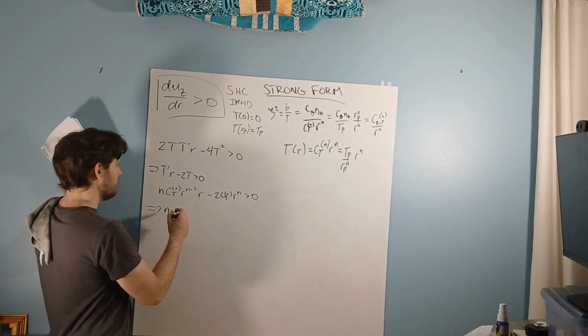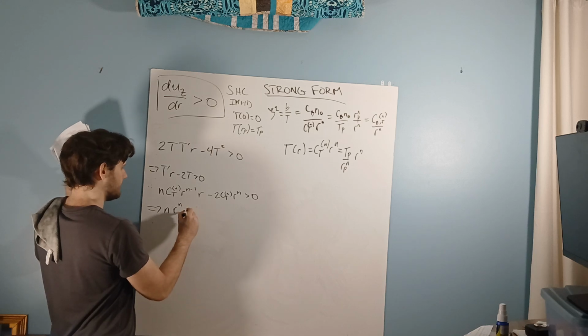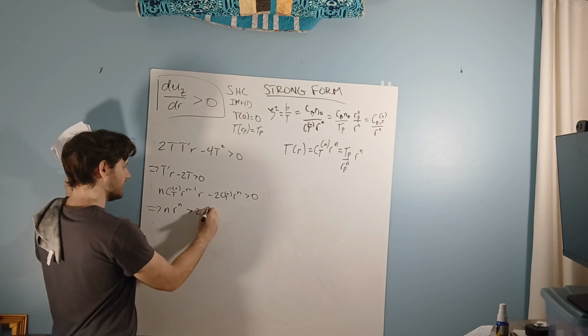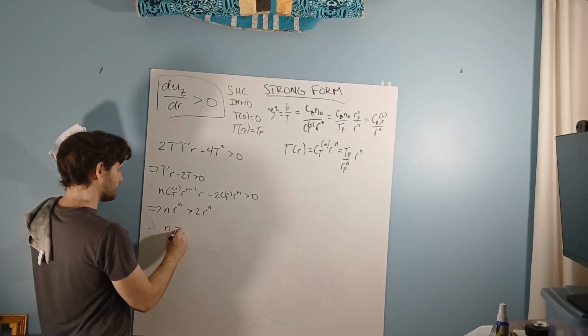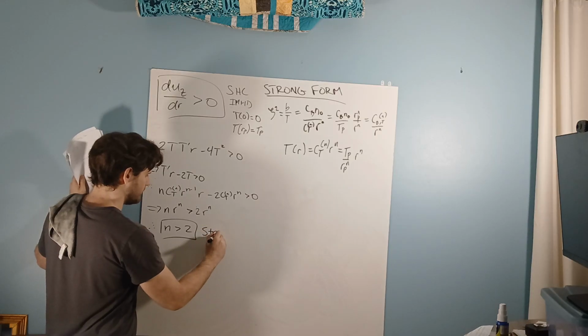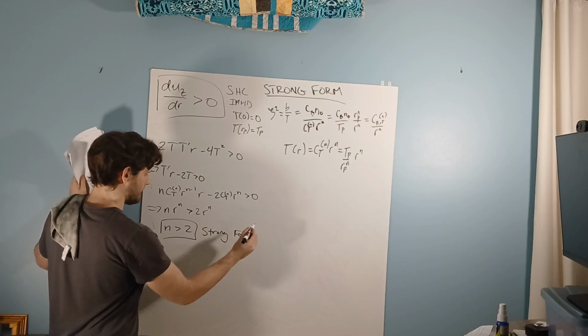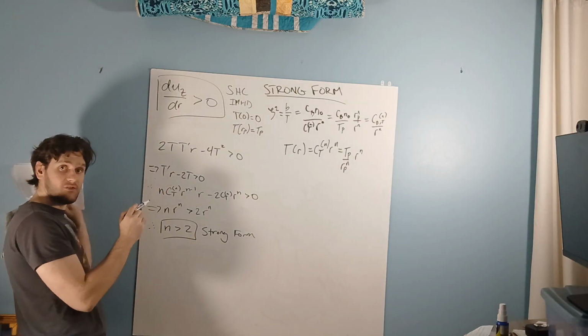Anyways, what we find is that n times r to the n is greater than 2r to the n. But these just cancel. Therefore, the strong form of the Shumlak-Hartman shear-flow criterion is n greater than 2.